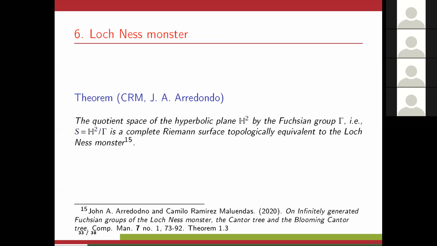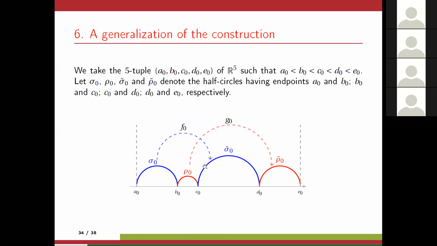Now, I'm going to generalize this construction. So the first step to generalize this construction consists of taking a 5-tuple of the 5-dimensional real space. The tuple is A0, B0, C0, D0, E0.